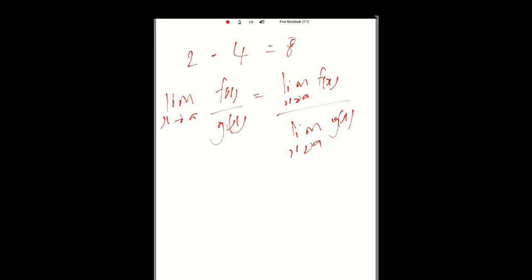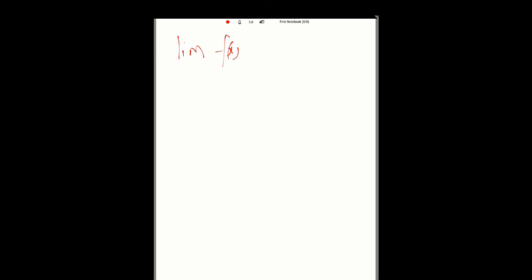Now, two final properties that we want to look at are that the limit of f of x to the n is equal to the limit of f of x, let's say x is approaching a, all raised to the n.